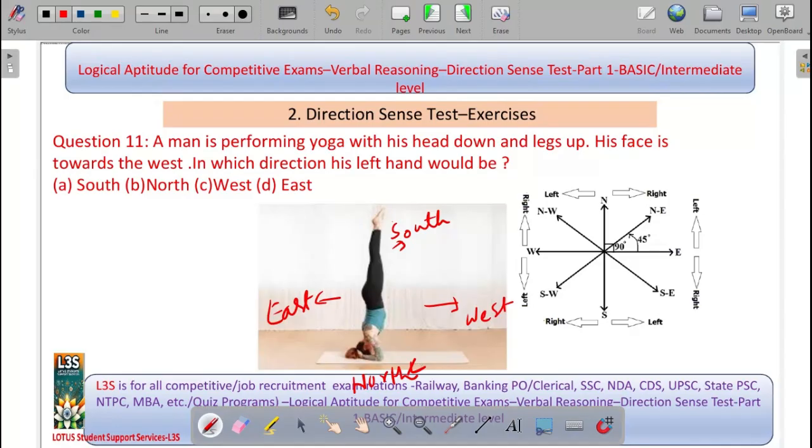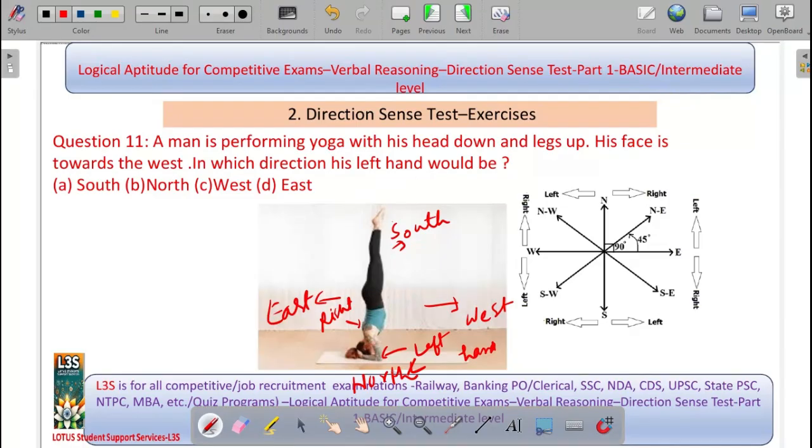This hand is the left hand when he is performing yoga with his head down and his face towards the west. This will be his left hand and the other will be the right hand. Now the question is, in which direction would his left hand be?